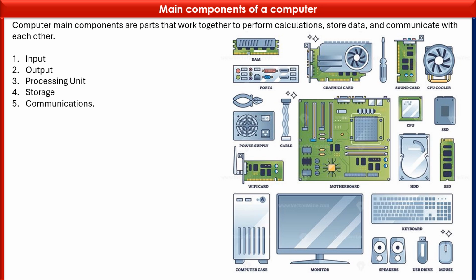We'll look at the examples in the next slide. Then we have output, processing unit, storage, and communications. On the right side of this slide, we can see a nice picture which shows some of the main components of a computer system.